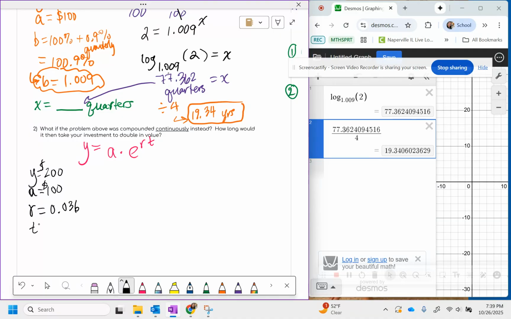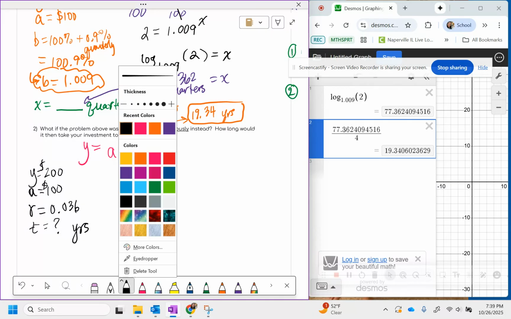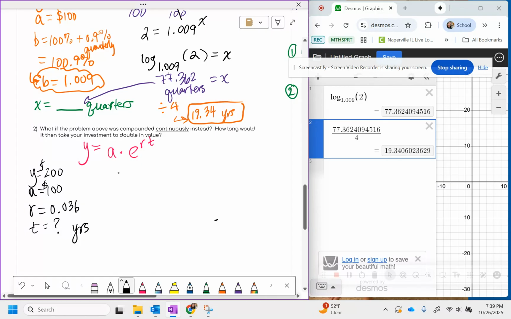And the t is the thing that I don't know, but it is in years. So I won't need to do anything differently at the end. I will get a little bit different time. So 200 equals 100 times e to the 0.036 times t. I will divide by 100.